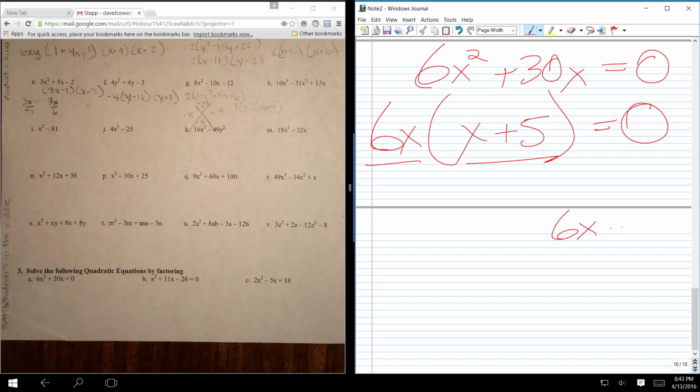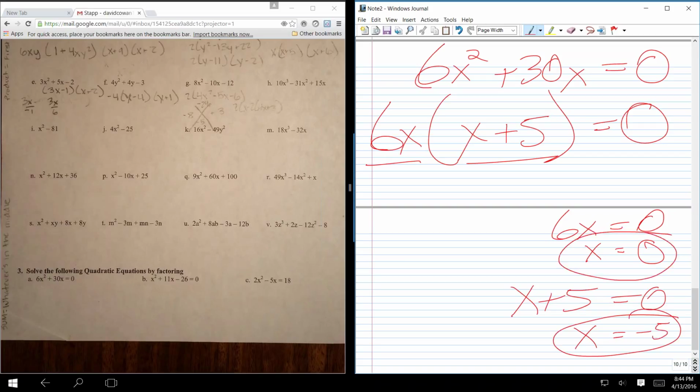Either 6x has to be 0, or x plus 5 has to be 0. That's the next step: set each one of them equal to 0. If 6x is equal to 0, what is x? 0 over 6, so 0. And if x plus 5 is equal to 0, what is x? X is equal to -5. There's your two solutions.